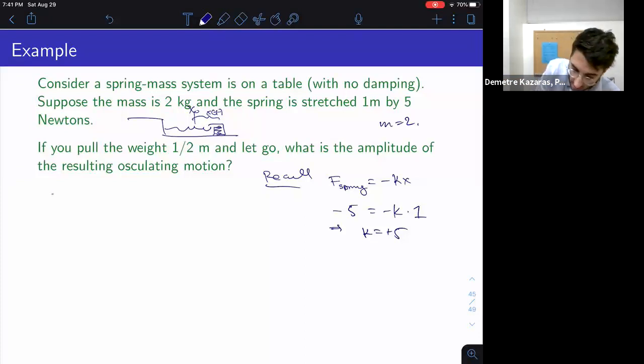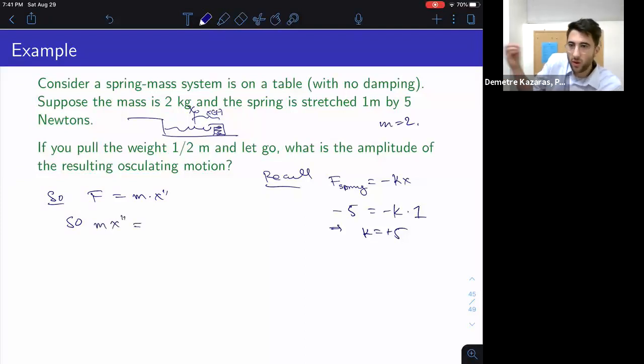Okay, so force is equal to mass times acceleration. What does that mean? X double prime times m is the force, and there's only one force at play here.